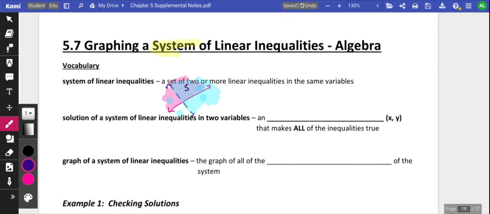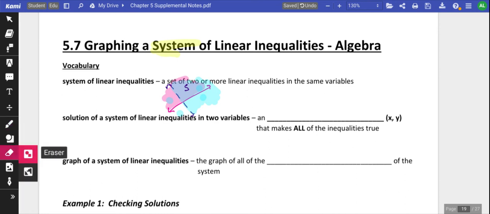So what we have done in the past is just a system of linear equations where it's just an ordered pair, right? But a solution of this is another ordered pair. There's an infinite number of ordered pairs.